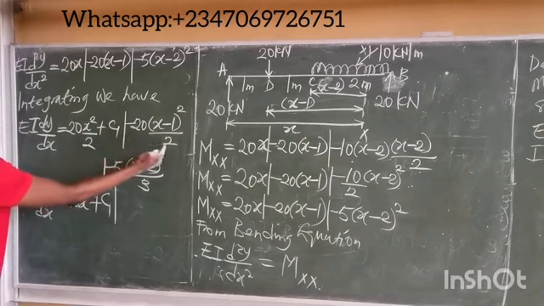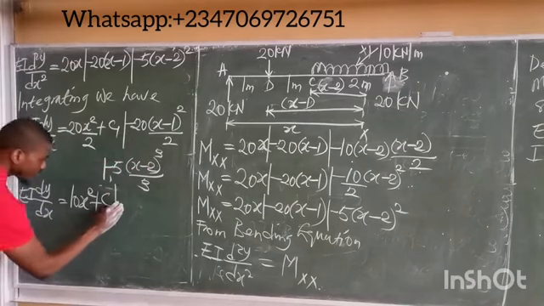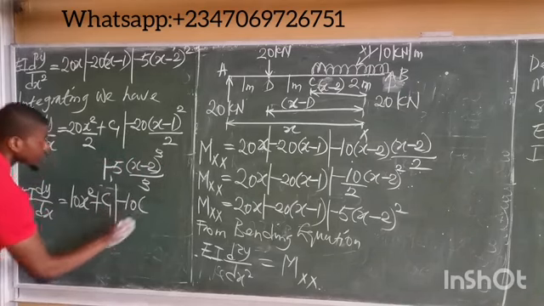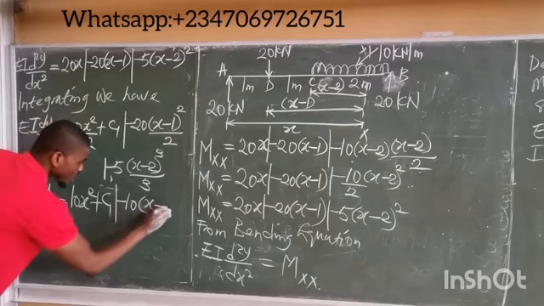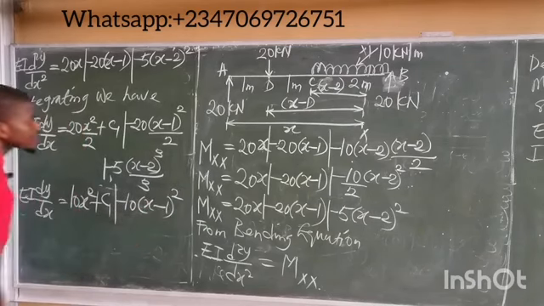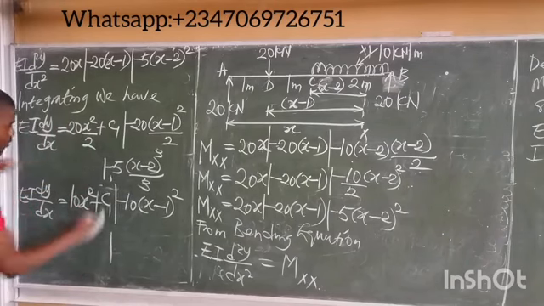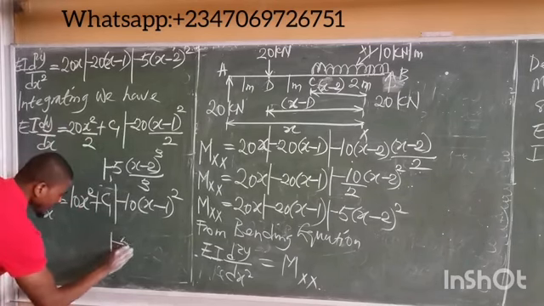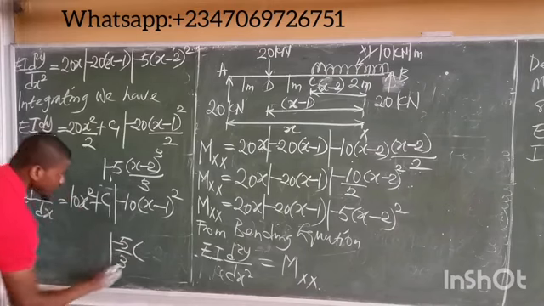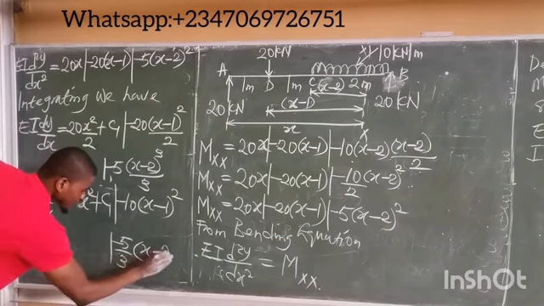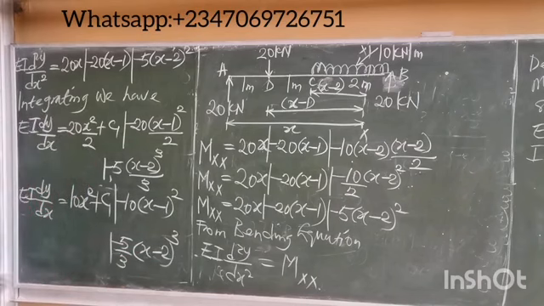I have here 20 divided by 2 here, also gives me minus 10 into x minus 1 all squared, okay, and finally the last Macaulay's bracket here, I have here to be minus 5 all over 3, into x minus 2 to the power of 3. So I have this, okay.